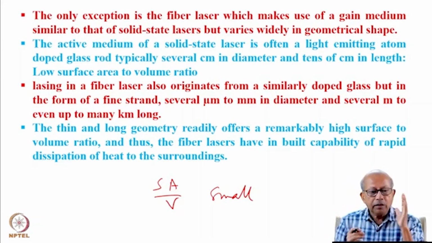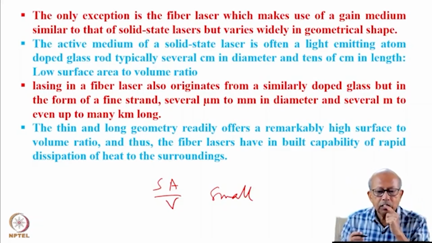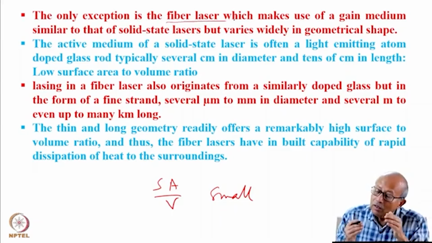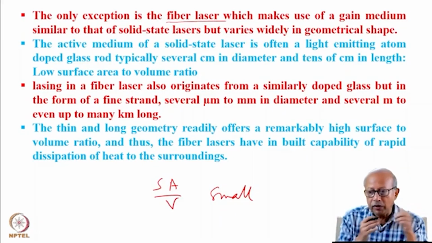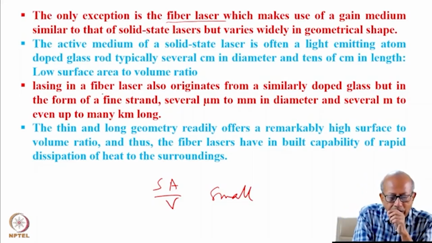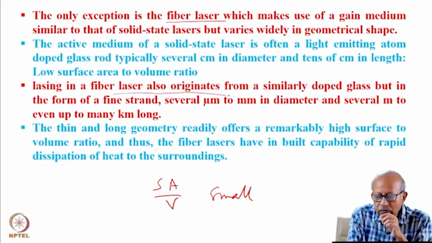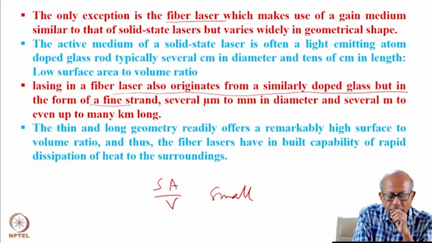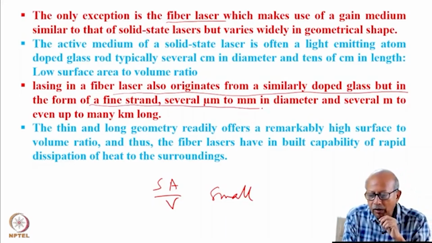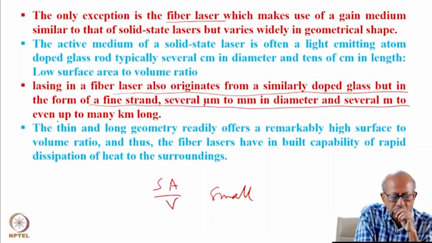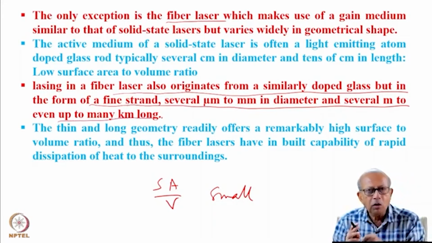The one exception of the solid state laser is the fiber laser, which makes use of a similar gain medium as that of a conventional solid state laser, but here the lasing originates from a similarly doped glass, but in the form of a fine strand several micron to millimeter in diameter and several meter to even up to many kilometers long.